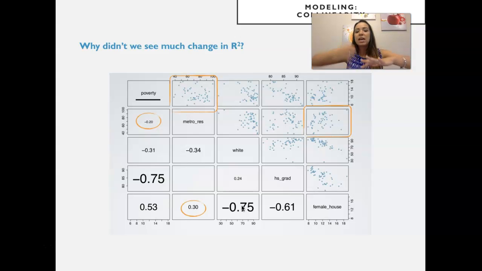Let's put it concretely: if I fix the number of white people, so I'm controlling for it, and I vary the amount of females that are alone, like one breadwinner, I still see an impact on poverty. When I fix the number of females that are heads of households, and I let the amount of white people vary in a state, that doesn't relate to poverty once this is controlled for.